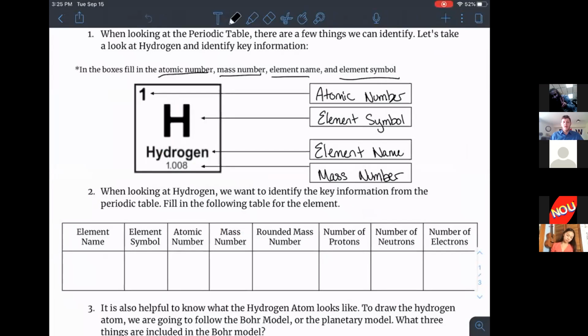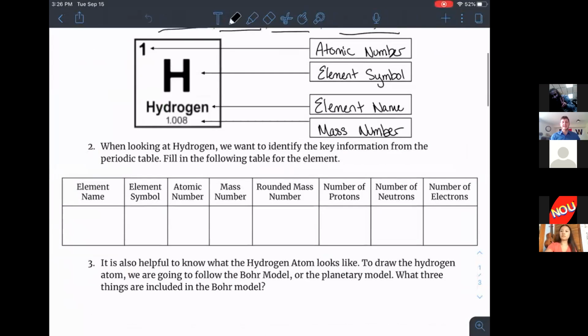When we're looking at this, there are a few things we can figure out just based off of this square for this element. We're filling out the table below, which is called an isotope table, and we'll get to that a little later. Let's fill out the things we can see based off of that square.